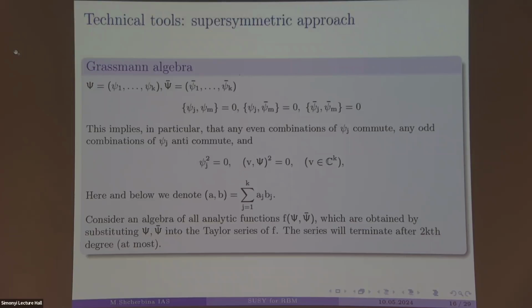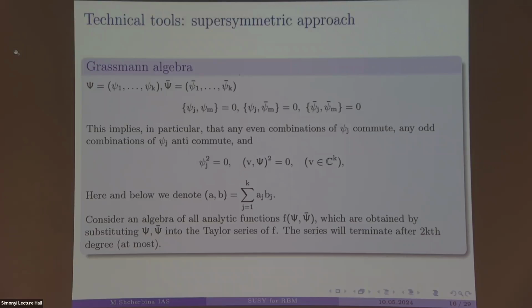I would like to say a few words about Grassmann algebra and Grassmann variables. Grassmann variables are just anti-commuting variables. You have k psi variables, k psi bar variables, all of them anti-commuting.